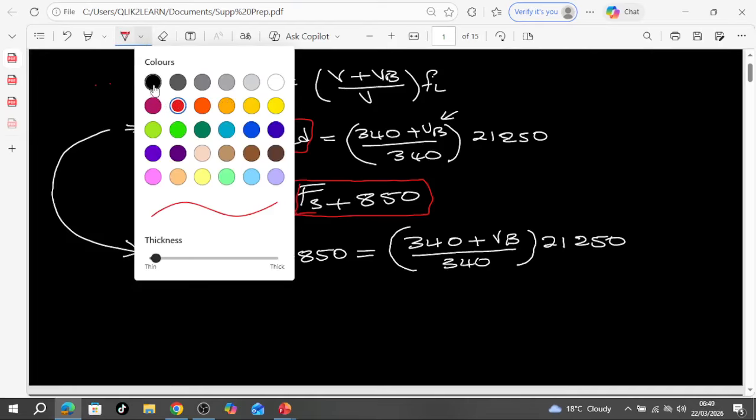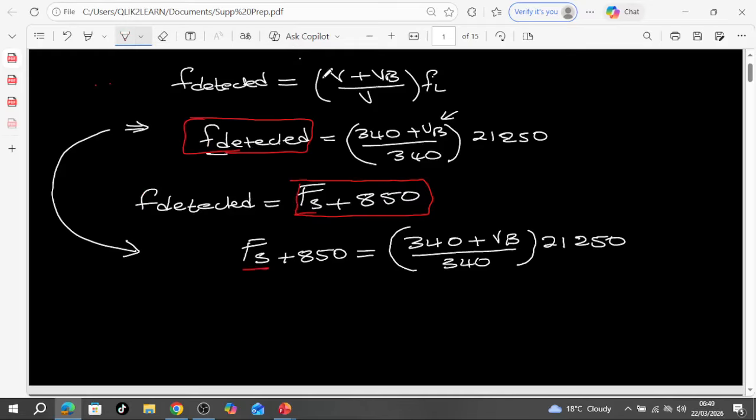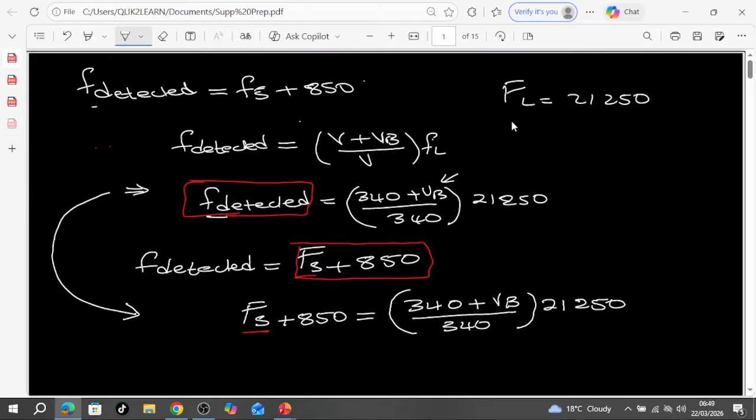So Fs, if you still remember, I'm just going to put it up here: my Fs equals 21250 minus 62.5 VB. So if I substitute my Fs, I'll only have VB to calculate.